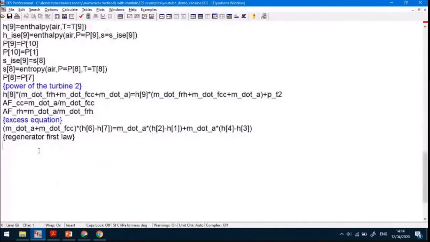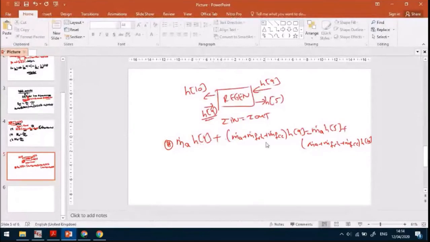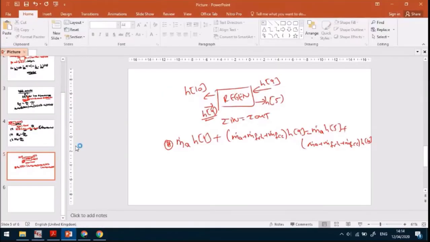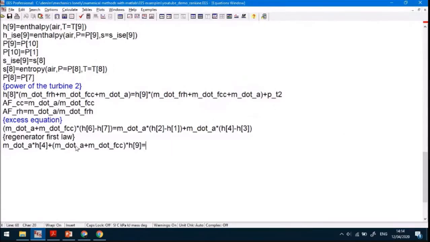If I solve it, I know H4, I know H5, I know H9, and I will find H10. So let's write it: m dot of air into H4 plus m dot of air plus the fuel flows into H9, equal to m dot air into H5 plus the same into H10.